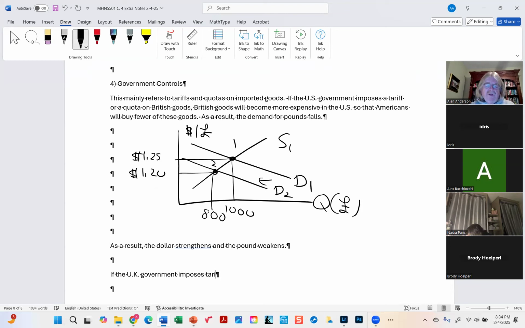Okay, so if the UK government imposes tariffs or quotas on the US goods and services, the opposite will occur. The supply of pounds will fall, and the dollar will get weaker.